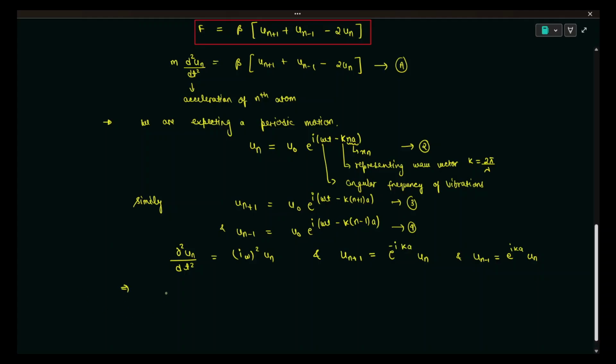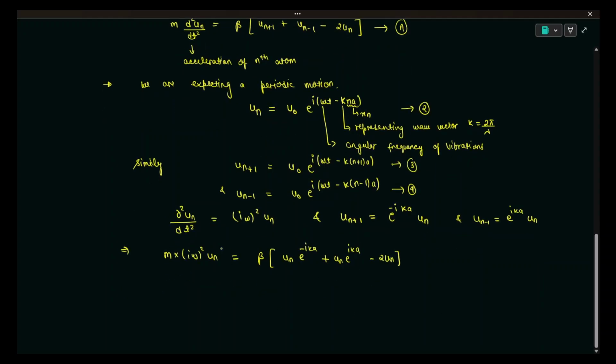So what we will get, mass times minus omega square u_n will be beta times (u_{n+1} is u_n e raised to power minus iota ka, plus u_{n-1} is u_n e raised to power plus iota ka, and then minus 2 u_n). So let's cancel u_n from both sides.